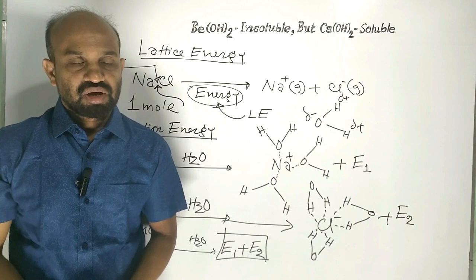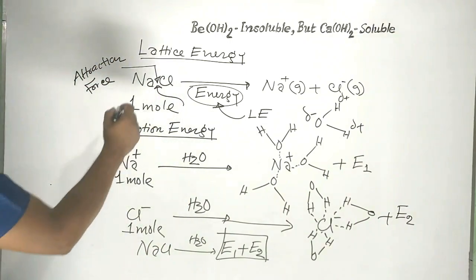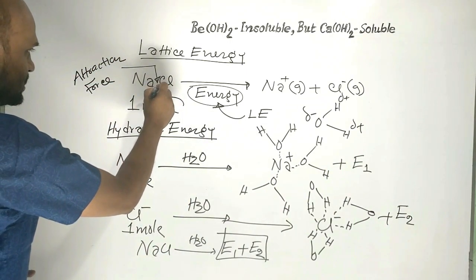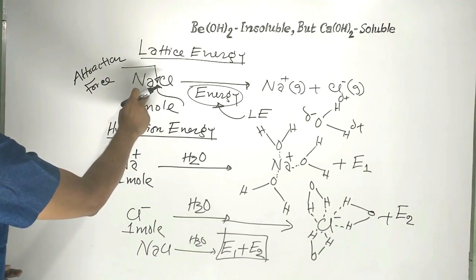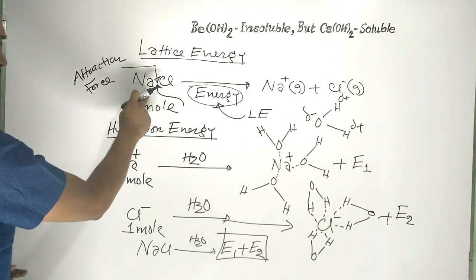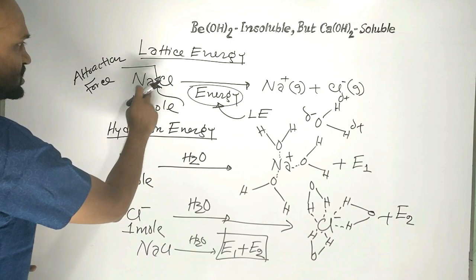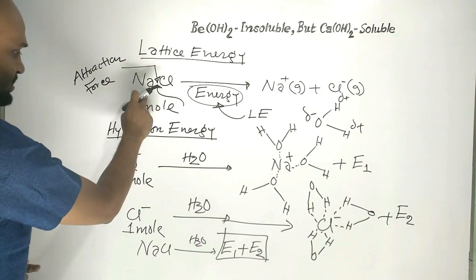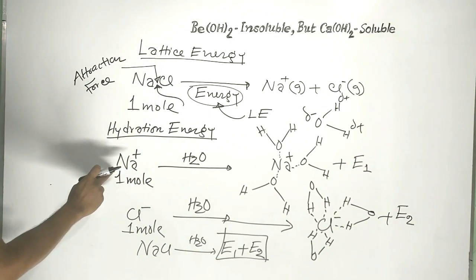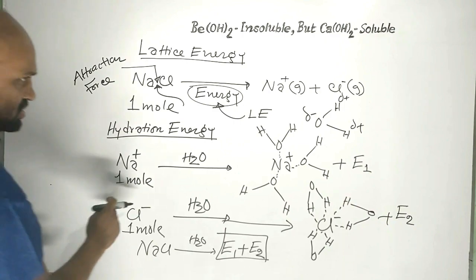That is, here we learned lattice energy, the energy which is present among the positive negative ions, and hydration energy, the energy which is produced due to the hydration of positive and negative ions.